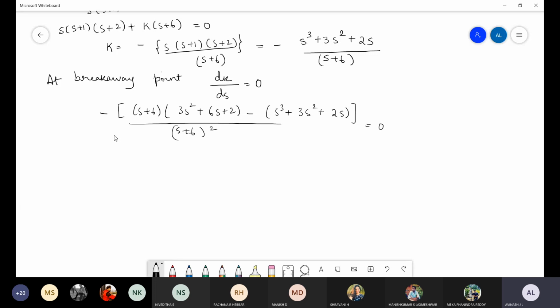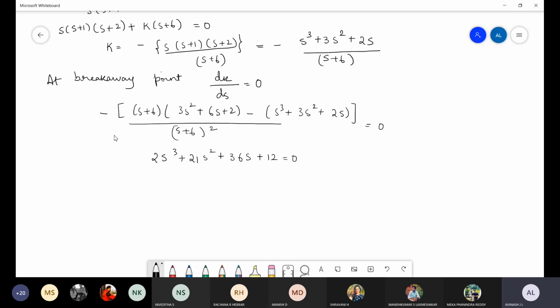Okay, this is what you are going to get. If you further simplify, you will get 2s cube plus 21s square plus 36s plus 12 equal to 0. Clear? So this is the equation you are going to get.